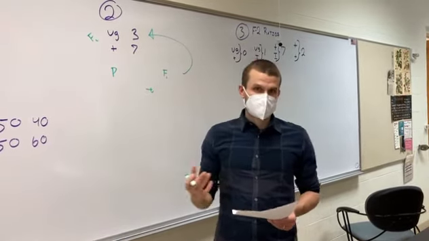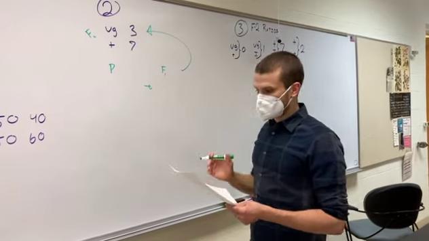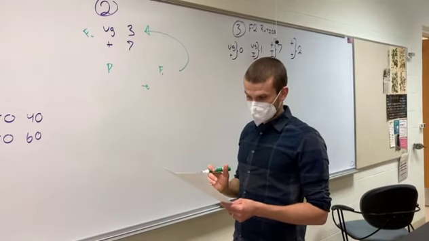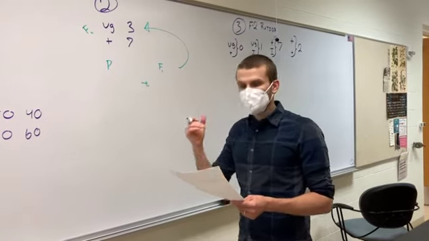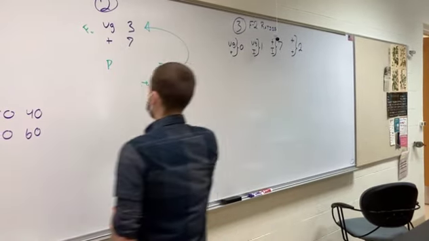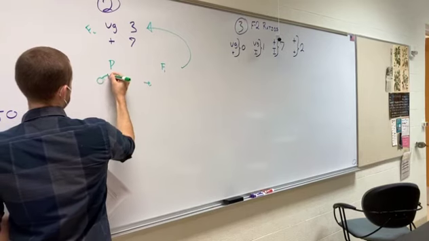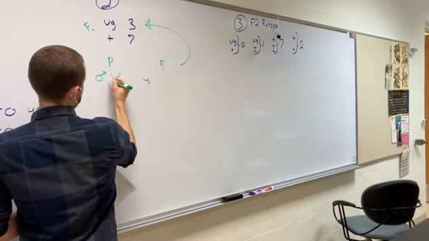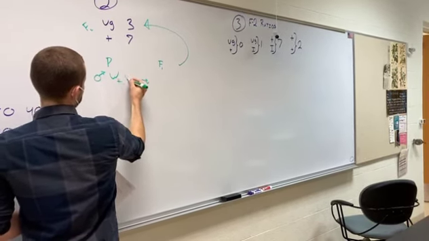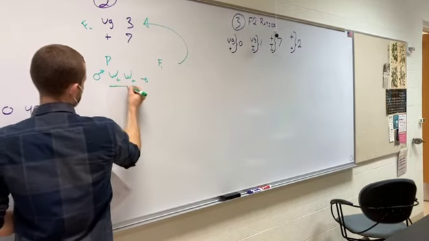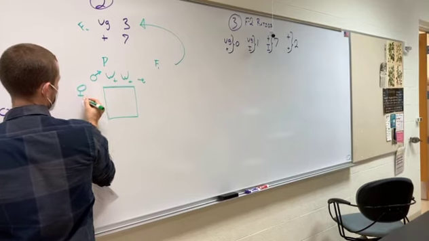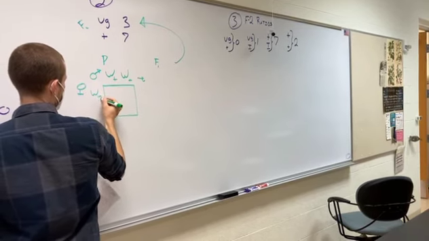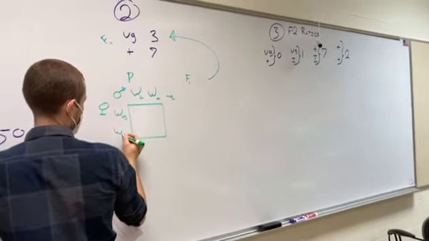So what information are we given about this station? Well, it says that the parent generation is a normal wings male cross with a vestigial wings female, with both being true breeding. So in our parental generation, wings male, wild type, wings male, wild type, crossing a female with wings vestigial, wings vestigial.